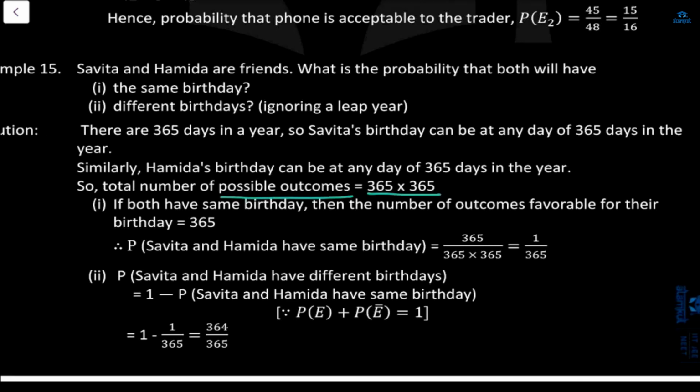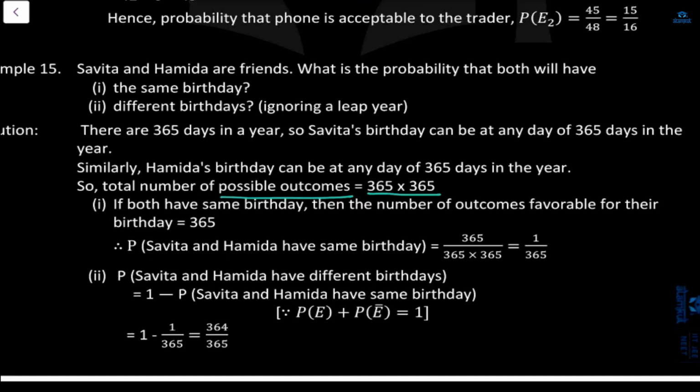Understood? Now, if both have the same birthday, then the number of outcomes favorable for their birthday will be 365. So we are getting 1 upon 365 as the probability of Savita and Hamida having their birthday on the same day.